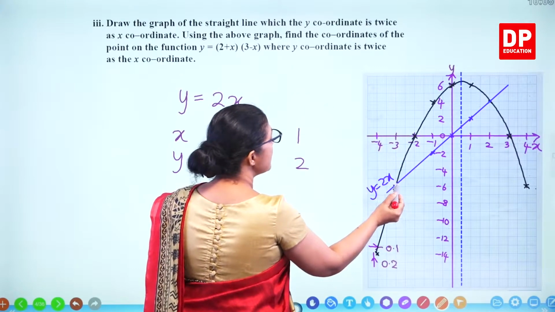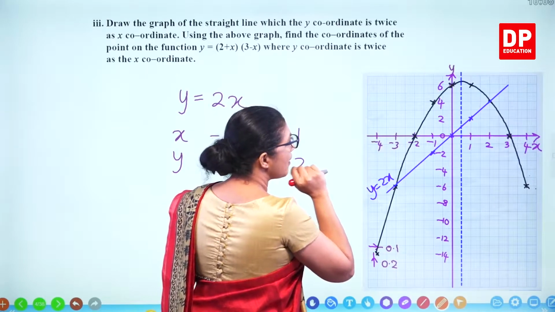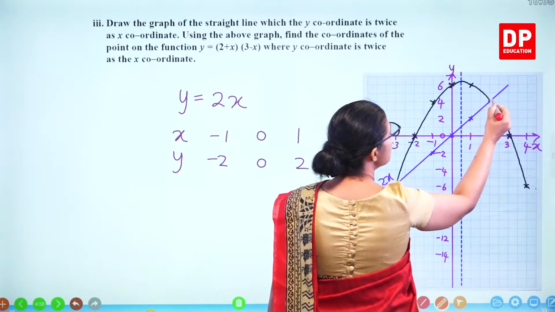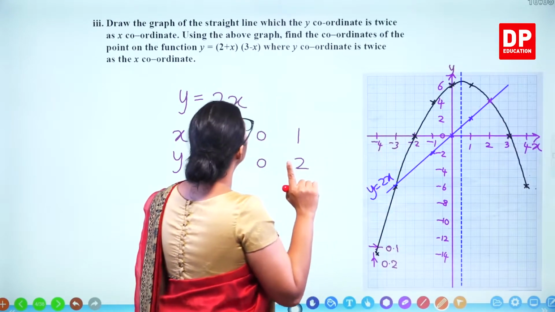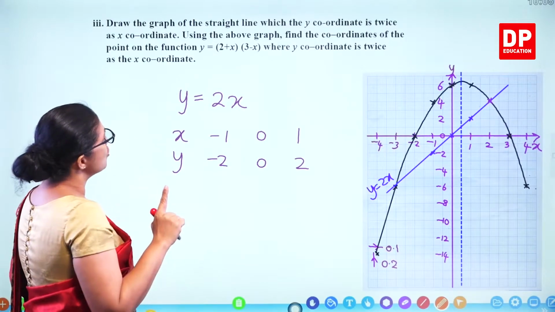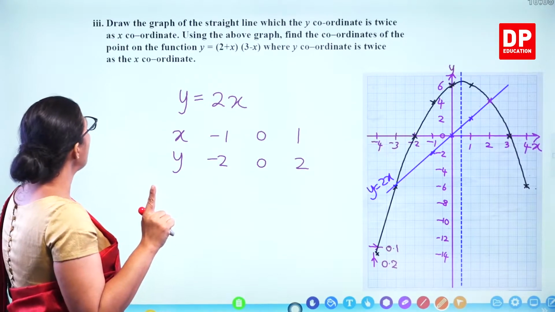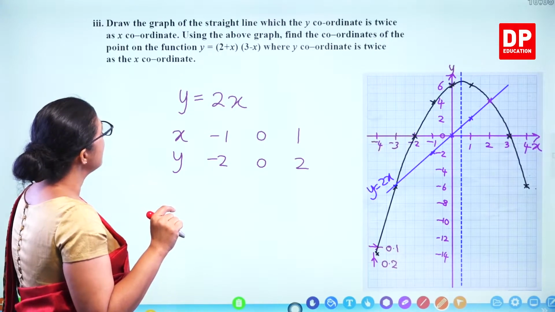Now one point is minus 3 with minus 6, and the other one is this point. What's the value? 2 with 4. It says a point on the function, just one point, the coordinates of the point on the function where the y coordinate is twice the x coordinate.